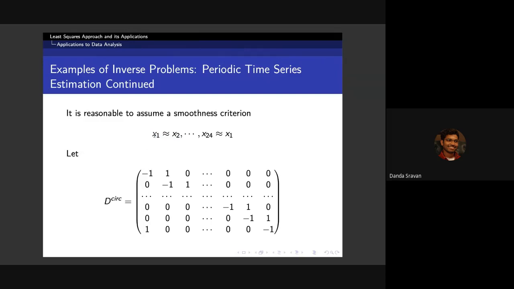What I do is, since I want this, I take a nice matrix this way. If I keep -1 and 1 on the diagonal and multiply it with x1, so on xn, I nicely get x2 minus x1, x3 minus x2, and so on.